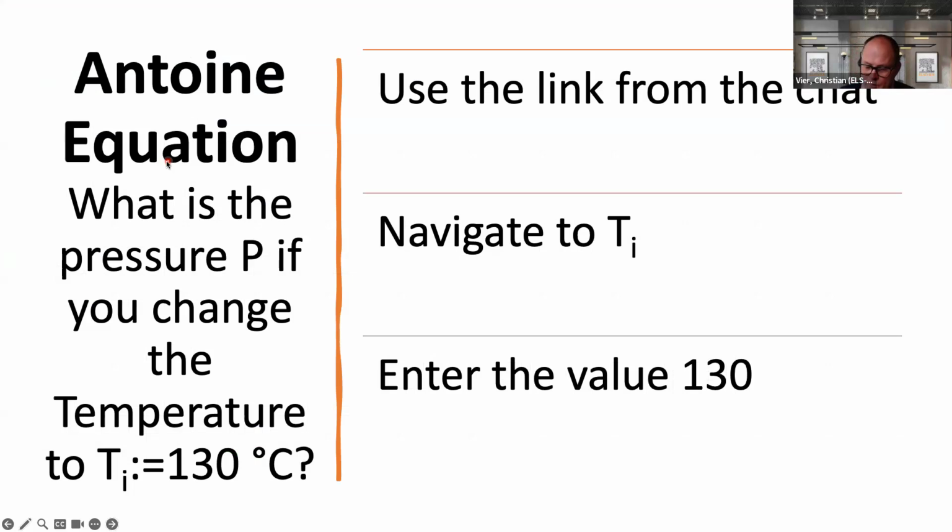So just open the Antoine equation in the Knovel equation solver. So what we want to know is the pressure P if you change the temperature to 130 degrees Celsius. So it's not 110 or 100, what I just showed you. You just click in on the 120 and you change it to 130 degrees Celsius. And I would like to know the result, the pressure for 130 degrees Celsius.